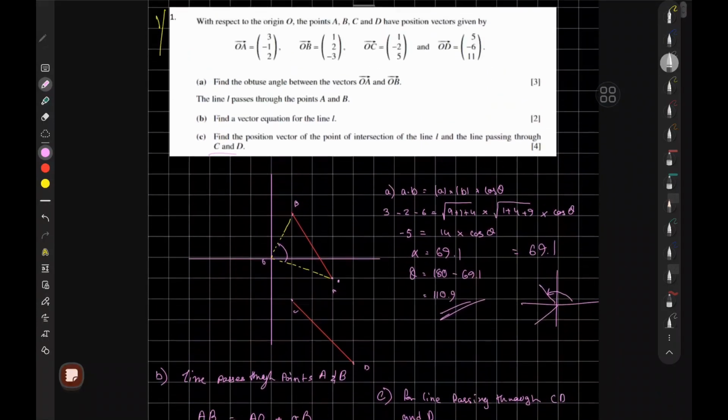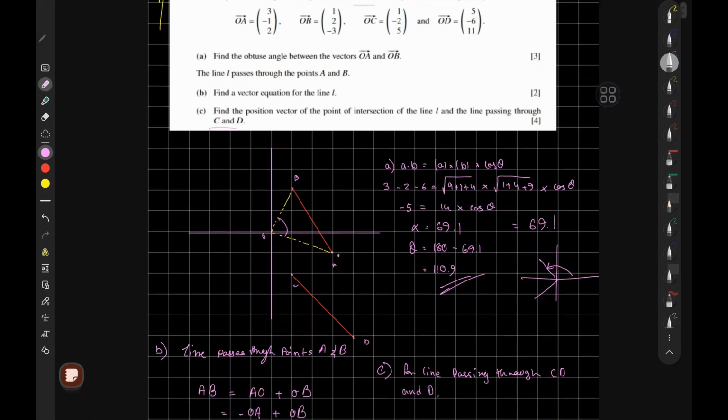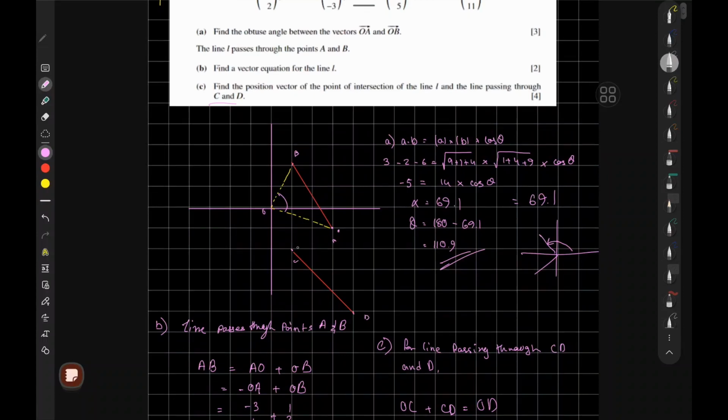Nice. So what are they asking next? Find the position vector of the point of intersection of the line L and the line passing through C and D. Great. So C and D is basically these 2 points.